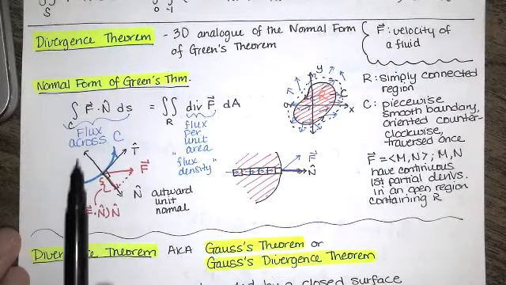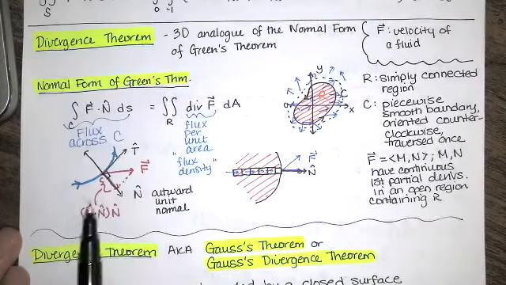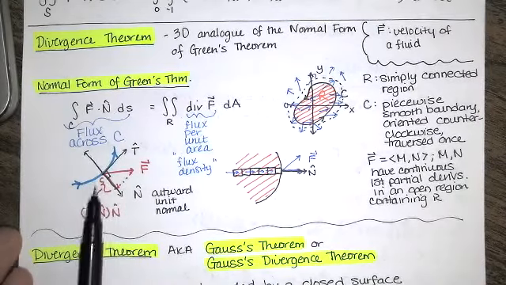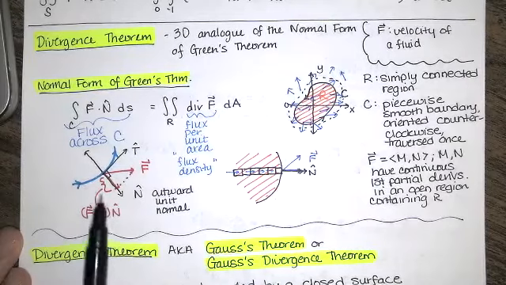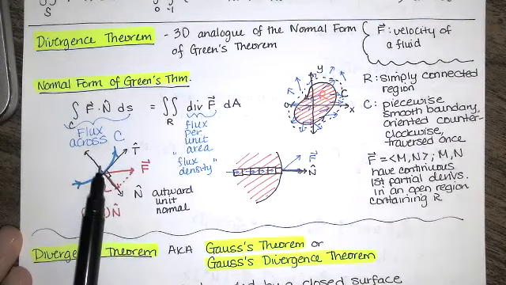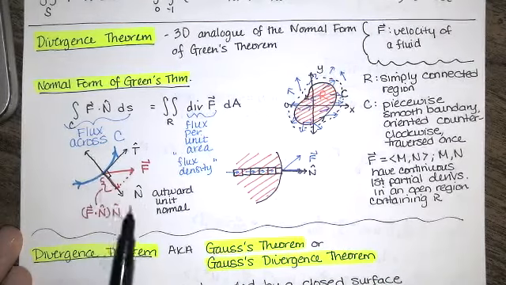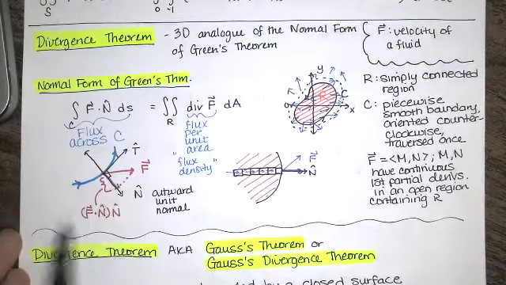Well, if I take the dot product of that fluid velocity with n hat, basically what that's doing is finding the component of the velocity that is crossing that curve, the component of the velocity that's parallel to n hat.